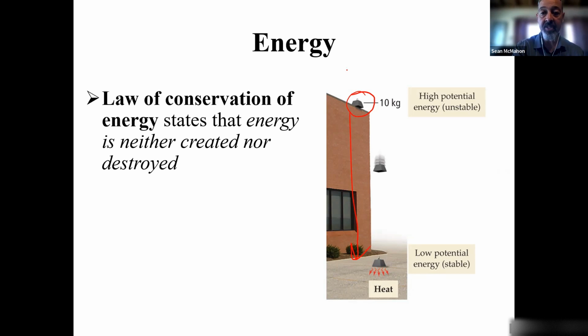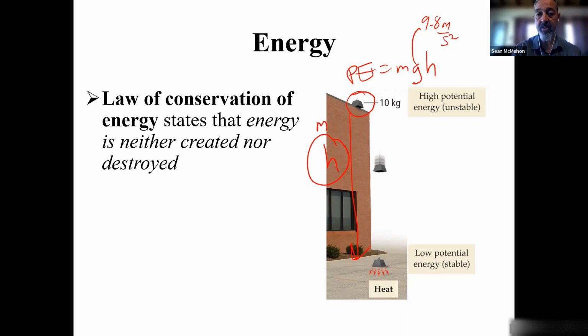So right now, this has potential energy. What's the potential energy? Remember, I said mass times gravity times height. There's a height here, and that'll be in meters. Gravity is 9.8 meters per second squared. And then there's a mass, and that's this weight here.